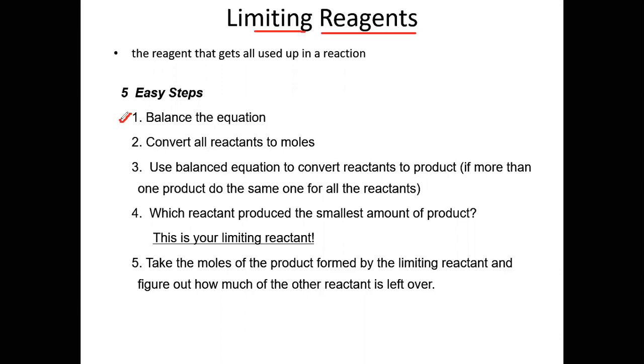Have a balanced equation, convert mass to moles, convert moles of reactants to moles of product. Which one produced the smallest amount of product? That's our limiting reagent or reactant. And then we can find the theoretical yield of it. Then another part could be how much of the excess reactant is left over. So we've got all those types of examples that we're going to show you.